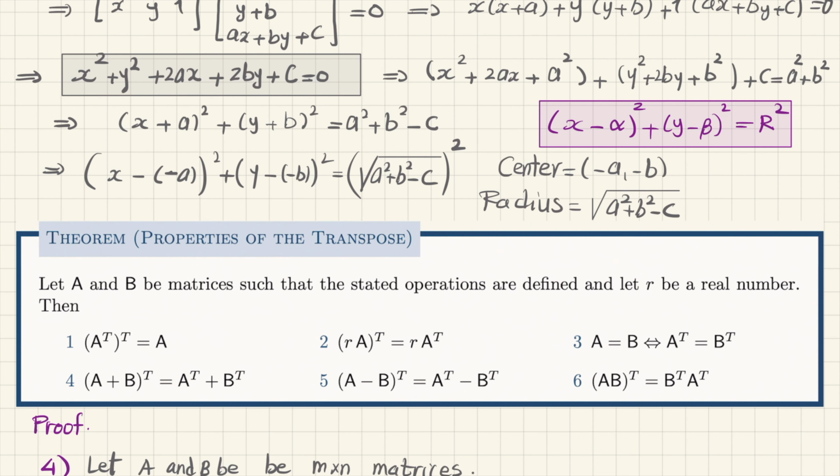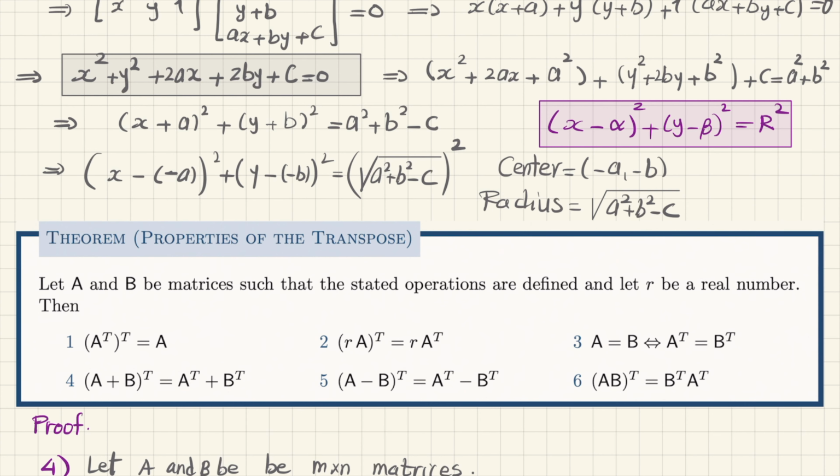Okay, so if A and B are m by n, then A plus B is also m by n. When I transpose it, it becomes n by m. So the left-hand side is an n by m matrix. On the other hand, A transpose is n by m, B transpose is n by m. When I add them, it becomes n by m. So from the order point of view, the order of the matrix on the left is equal to the order of the matrix on the right.